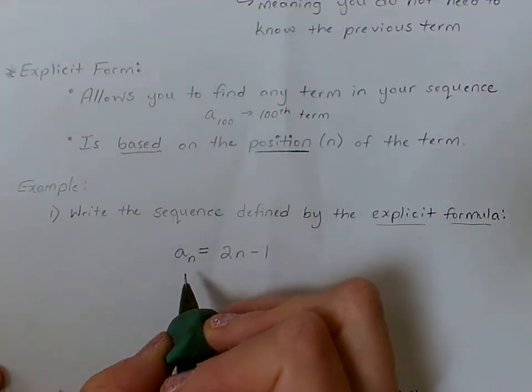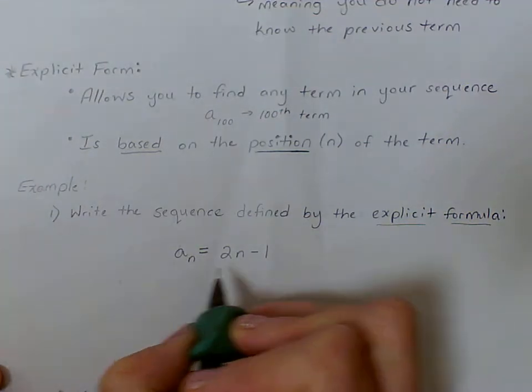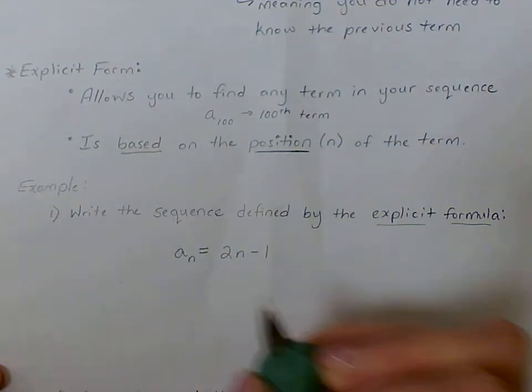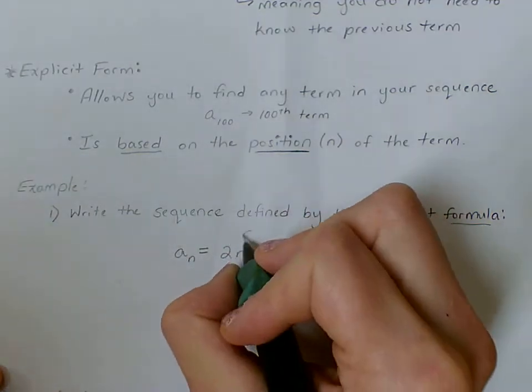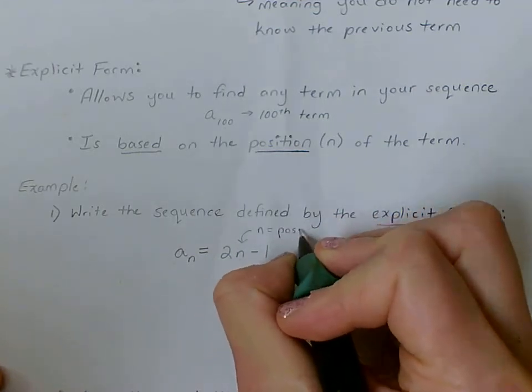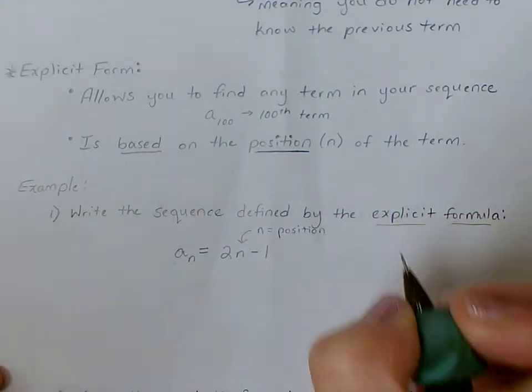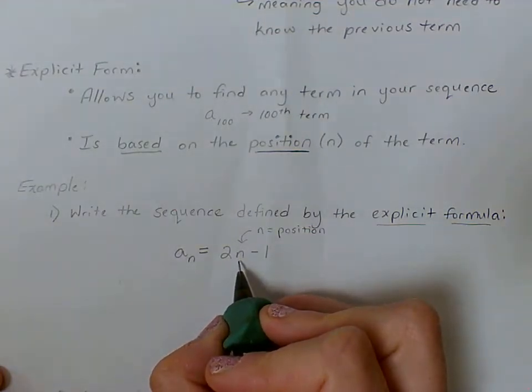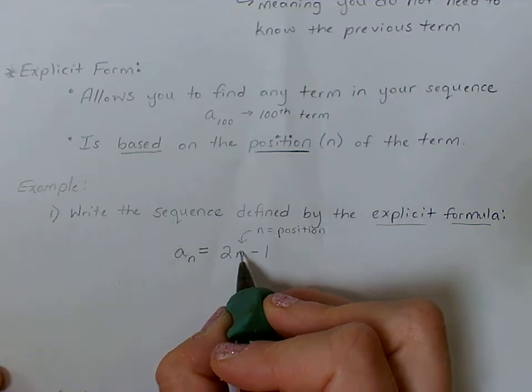And so what we're going to do is practice, okay, if they give you the equation, how can you write the sequence from it? Well, remember, this is the position, so n is the position of your term. So if you had to write out your sequence, if I needed to find the first term, I'm looking for the term that's in position number 1.